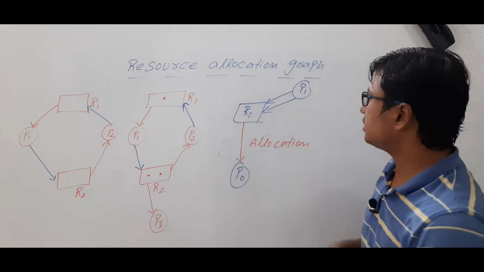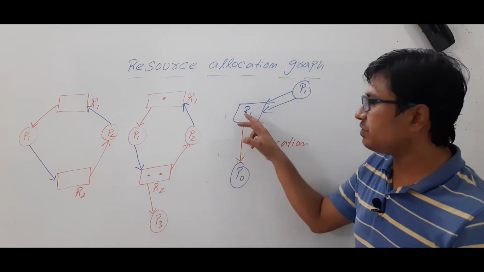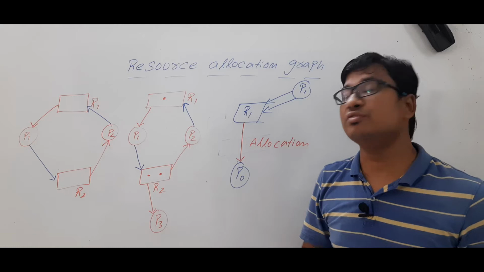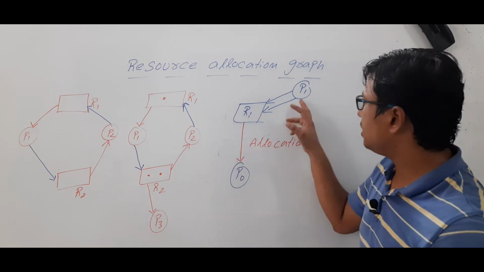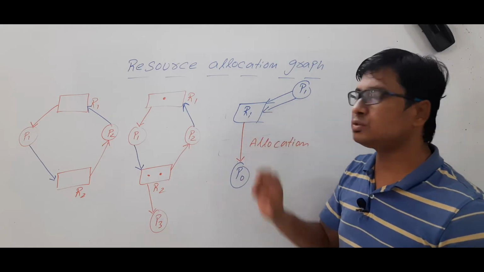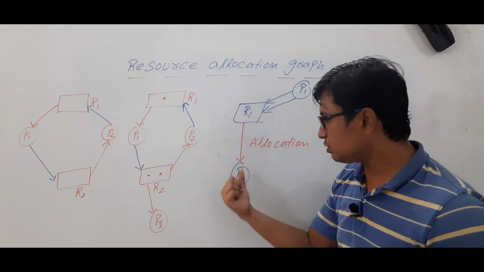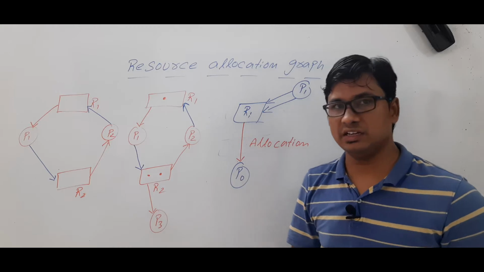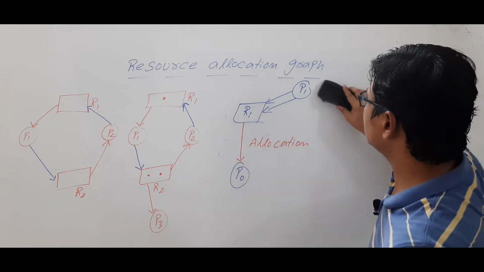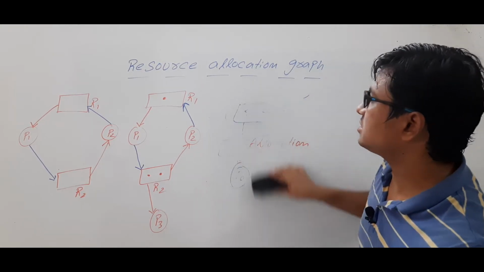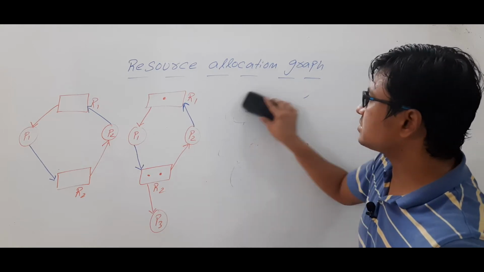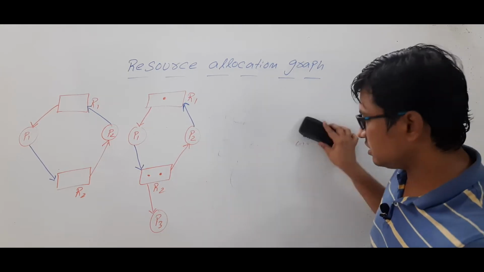Then it means that process P1 is requesting two instances of resource R1. Is it clear? Whenever there is an edge from process to resource, it is a request. Whenever there is an edge from resource to process, it is an allocation. Is it clear? So with this introduction, now we will discuss two examples related to the resource allocation graph.